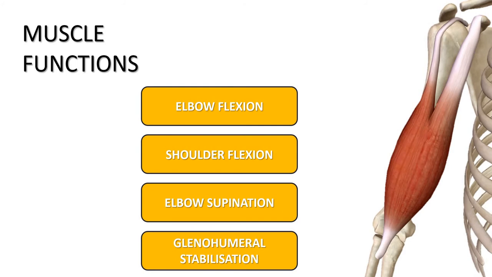One way that we know that muscles are responsible for and support particular functions is when someone's injured. For example, if you've torn one or more of the attachments of a muscle, let's say the biceps brachii, then we know that shoulder flexion is impaired, so it must play a role in shoulder flexion, as is elbow supination and glenohumeral stabilization.